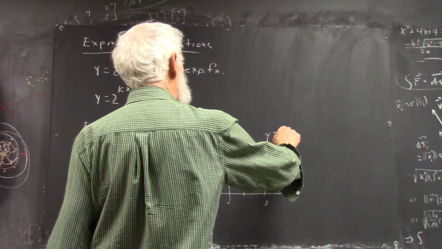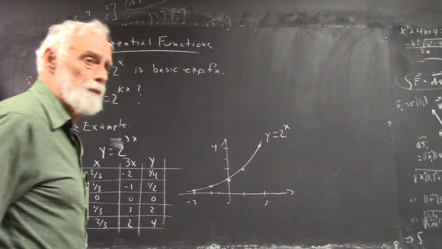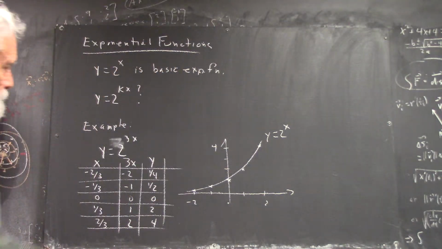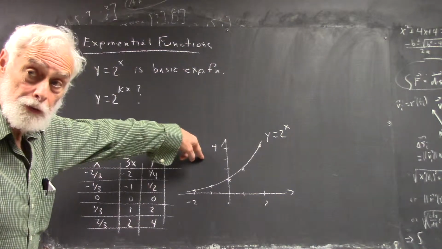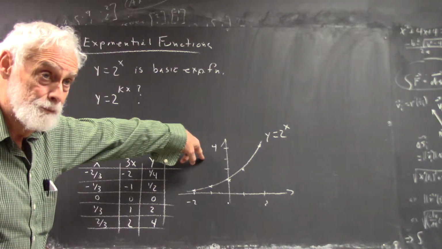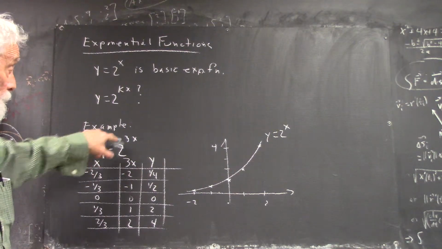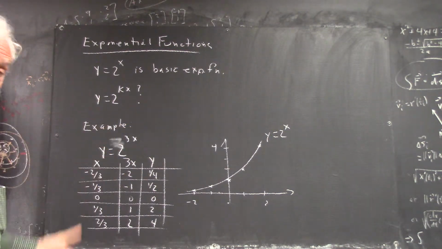There's y equals 2 to the x. Okay, so what I want you to do now is sketch this graph and then sketch this function, 2 to the 3x, based on this table.